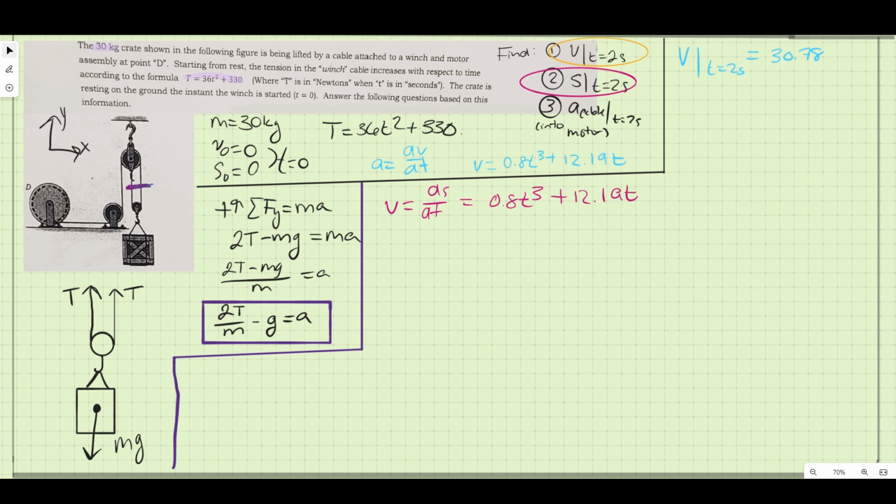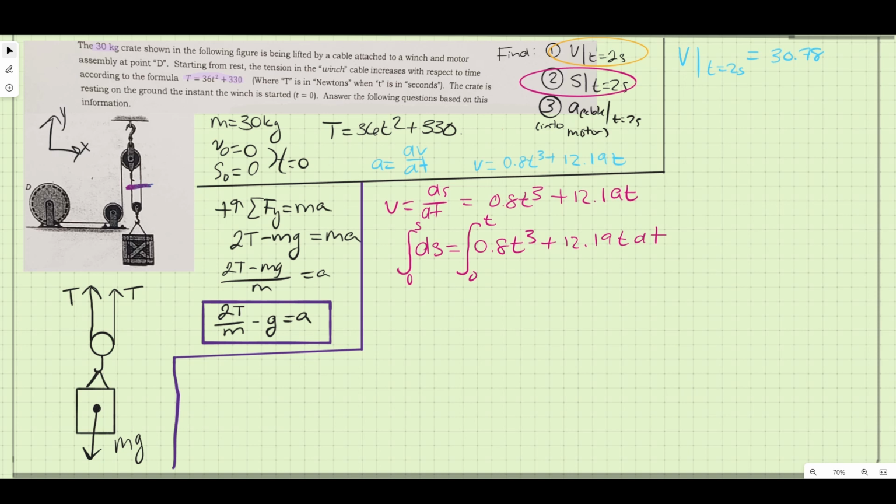And here we'll do the same thing where we're going to multiply dt across, and we'll end up with ds equals 0.8 t cubed plus 12.19 t dt. And we will separate and integrate from 0 to s and 0 to t.